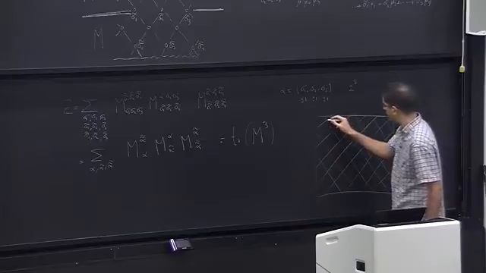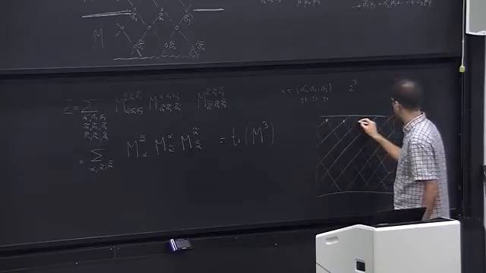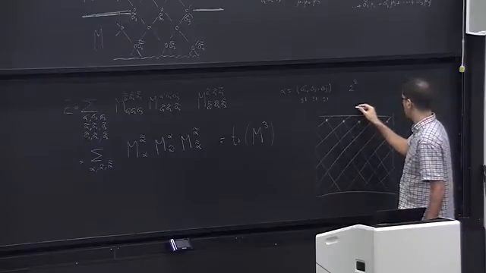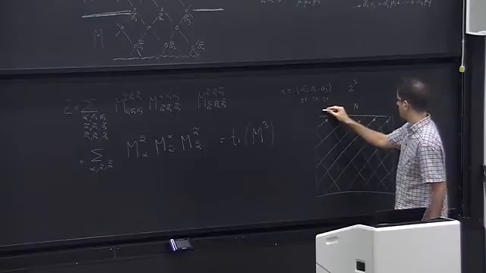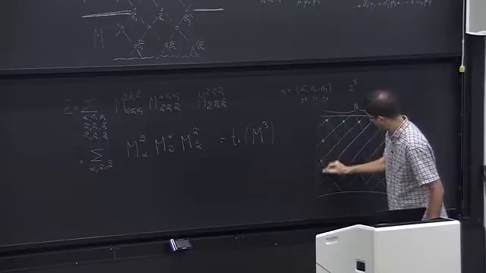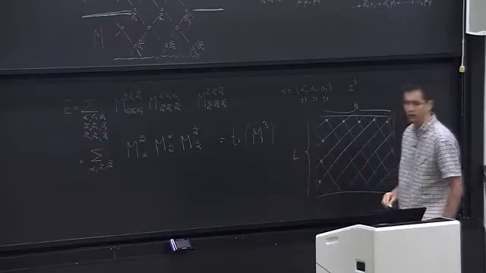Okay, so now we have, if these are our sigmas, and we assume that we have n of such sigmas, and in this direction we have L, okay?